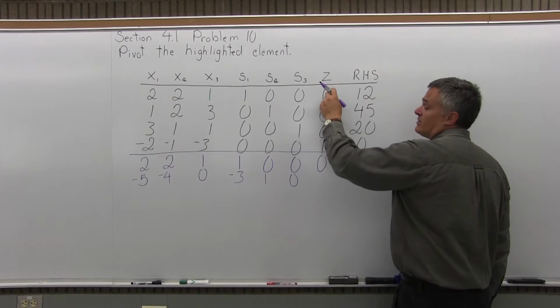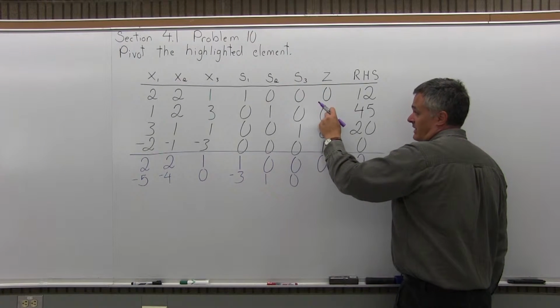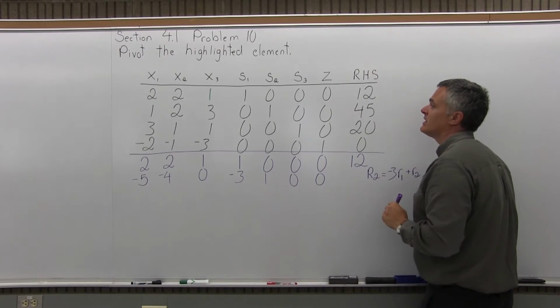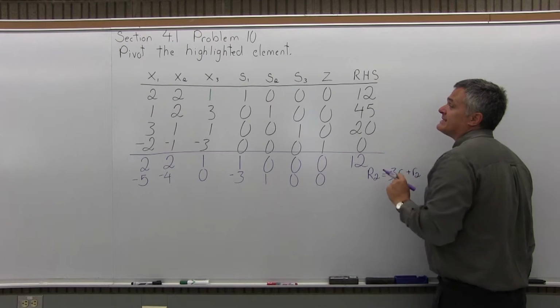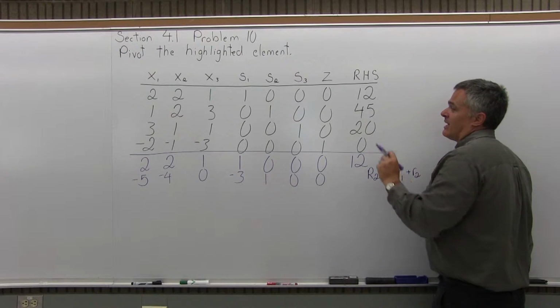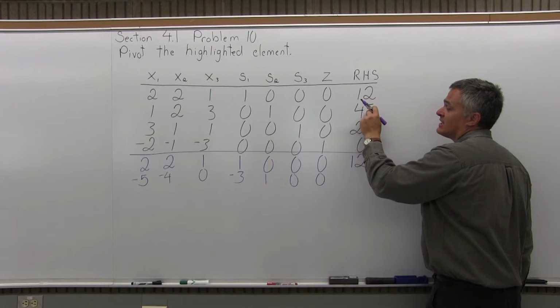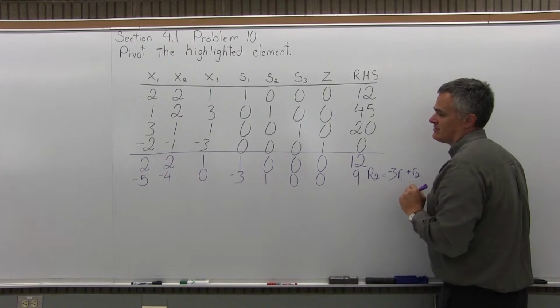Next, -3 times 0 again is 0, plus 0 is 0. And finally, in the very last column, -3 times 12 is -36, and I add that to 45. -36 plus 45 is 9.